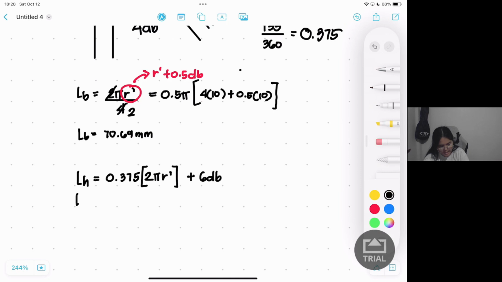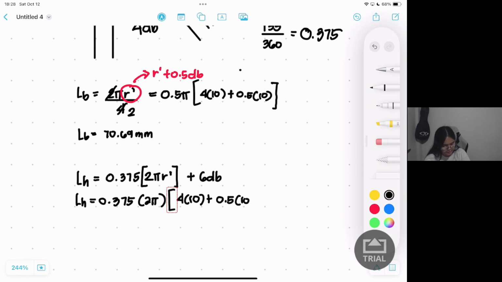So, LH ngayon ay 0.375 times 2 pi times yung radius. O, again, ang gagamitin yung radius ay yung R na 4 dB plus the half of diameter.